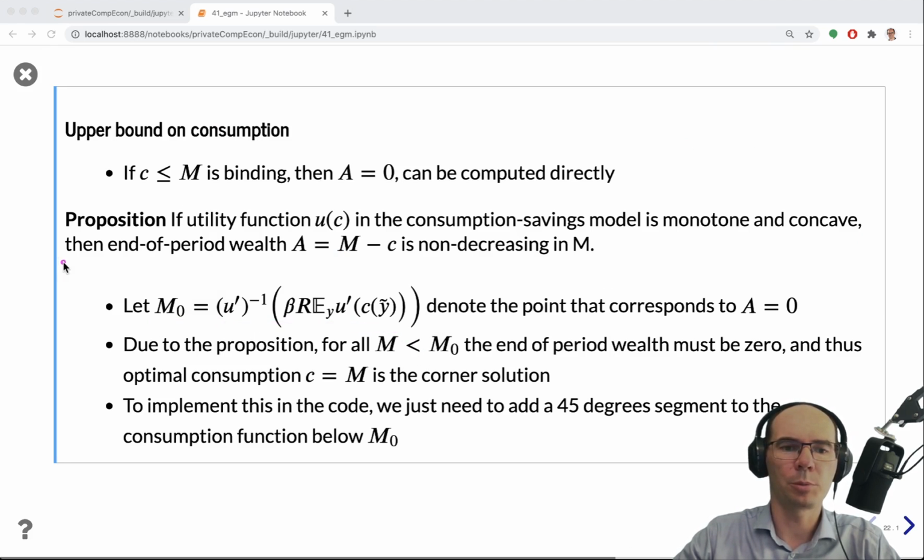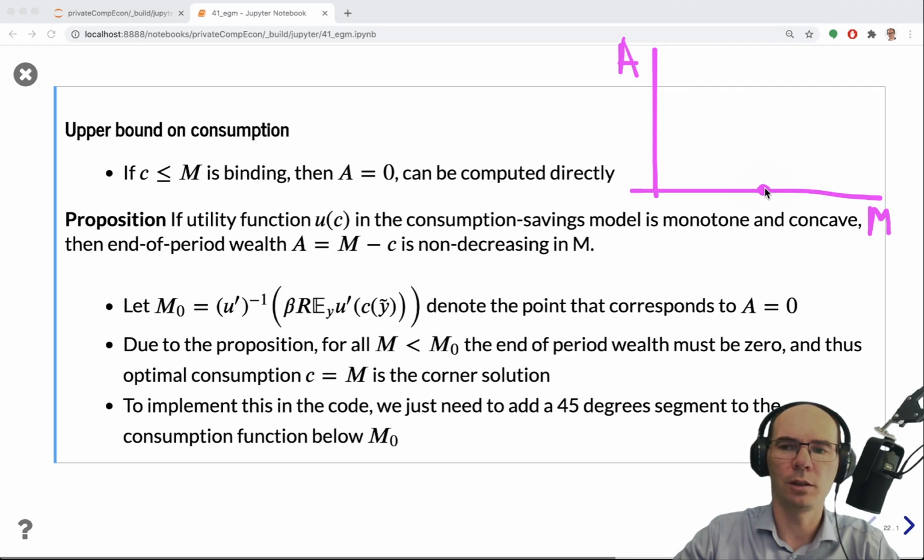And now, because of the proposition, we can say that for all m's less than m naught, the end period wealth must be 0. Let's go again to the graph. So the proposition says that if this is A and this is M, and there is some M naught here where we know that A equals 0.